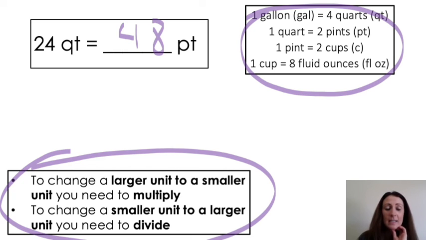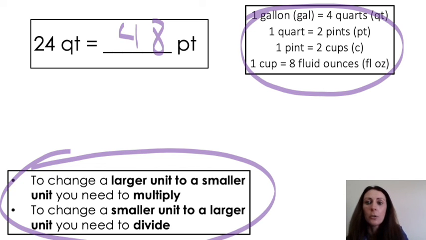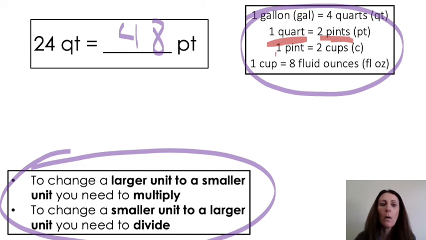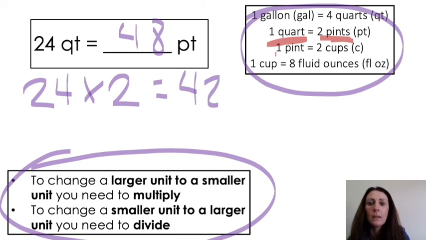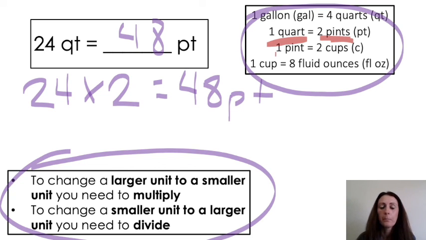So that means that I have to multiply. I know that there are 2 pints in every quart, so I have to multiply 24 times 2, which would give me 48 pints. All right, go ahead, move on to the next slide.